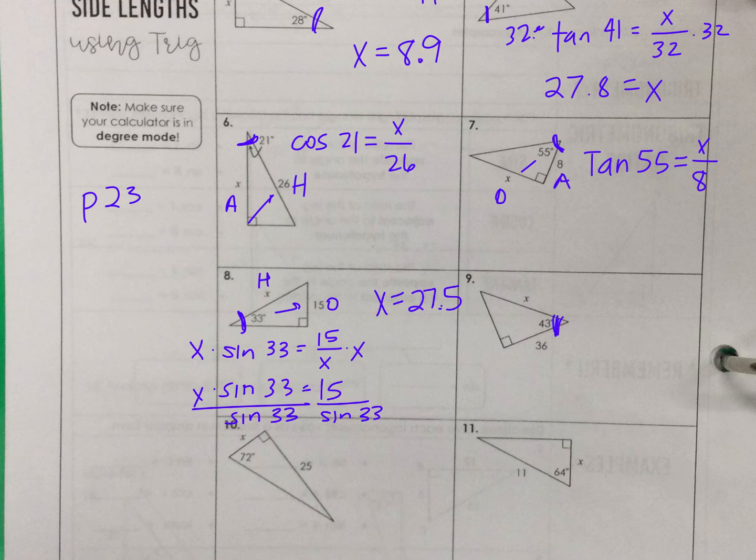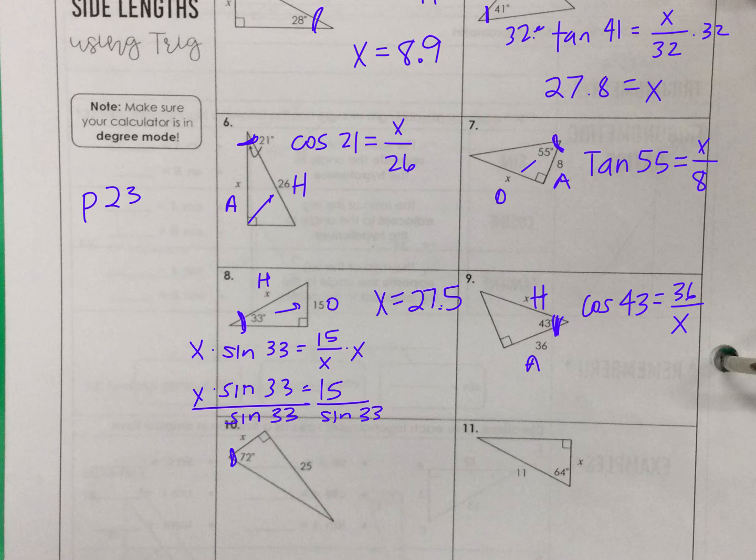If we're working on that angle, x is the hypotenuse, 36 is the adjacent, cosine of 43 equals adjacent over hypotenuse, and you would solve it the same way we did on number 8.